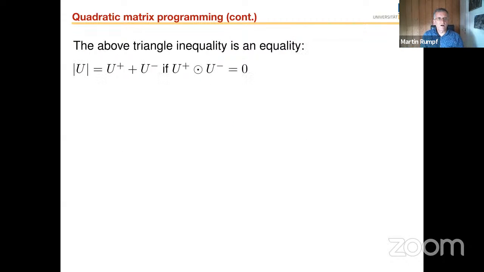And the key point now is that equality and not inequality holds if and only if the components of u plus and u minus are disjoint. So that means if the u plus component is not zero, then the u minus component has to be zero and vice versa. That is expressed in compact form using this component-wise product here.